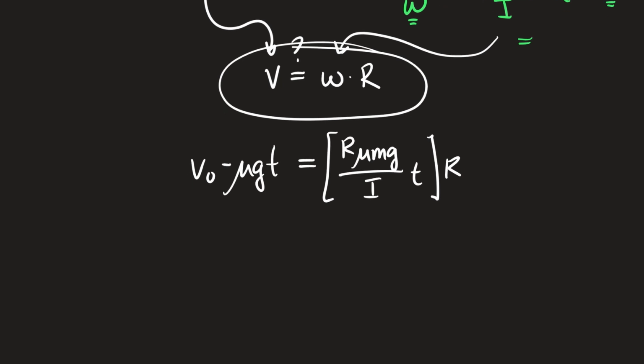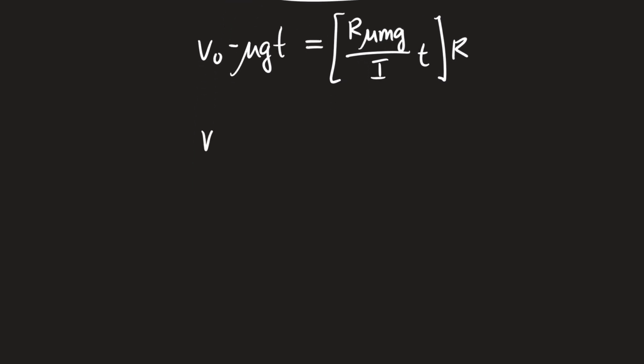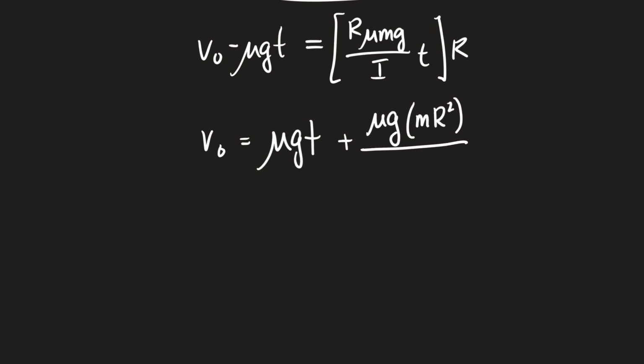Let's find it. I'm going to rewrite this a little bit. Not much, but I'm going to take this and move it to the other side. That seems to make sense because it's got t in it. And I'm going to reorganize what I have here because I want to put the mu and g together, and I'm going to take that r and combine it with the other r. In fact, I think I could write this one other way, and bear with me when I do this.